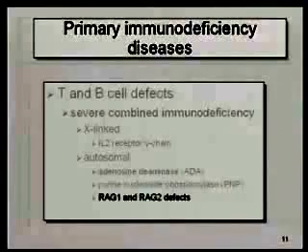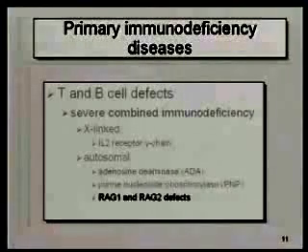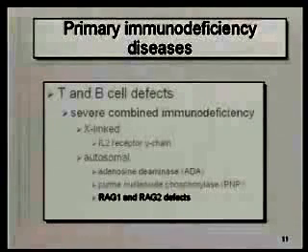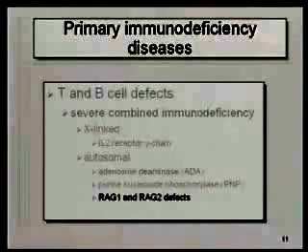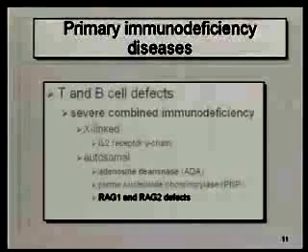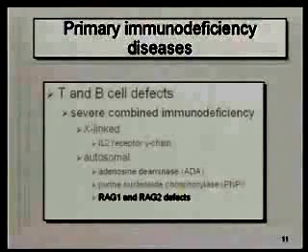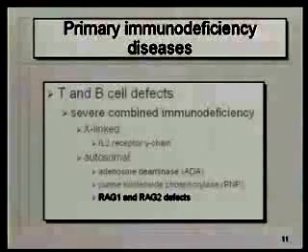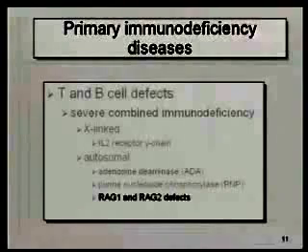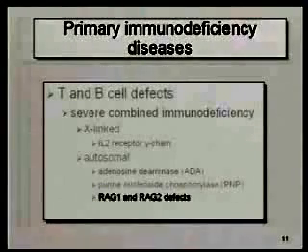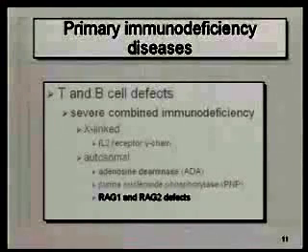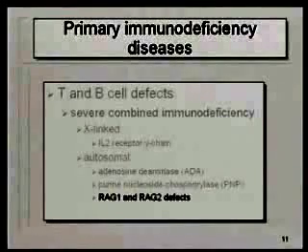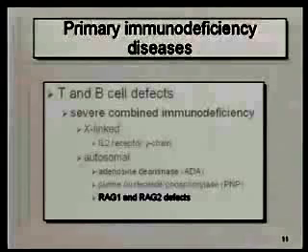Another one is RAG1 and RAG2 defect. We talked about them several times during the course. Dr. Mayer talked about them, and I referred to them as well. These are proteins involved in the rearrangement of BCR and TCR, and I'm saying BCR, the B cell receptor, on purpose, which happens to be immunoglobulin. That is the receptor responsible for B cells to recognize antigen, and after recognition, there is a cross-linking of that receptor and a signal delivered for the B cells to proliferate.